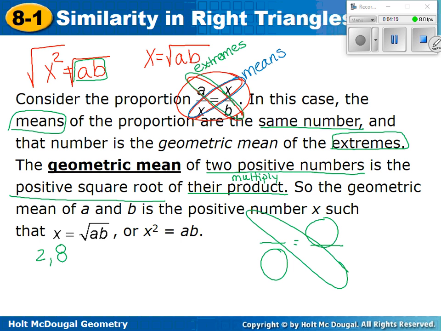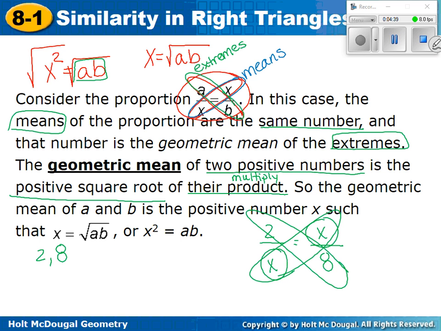The long way to work the problem would be to put 2 in one of these spots and 8 in one of these spots, and to put x in these spots. The geometric mean between 2 and 8 is the number here between those two extremes. And then you would just solve.